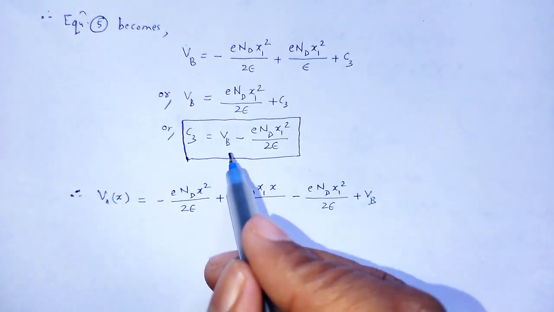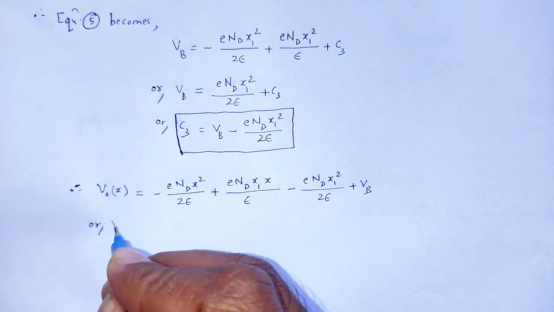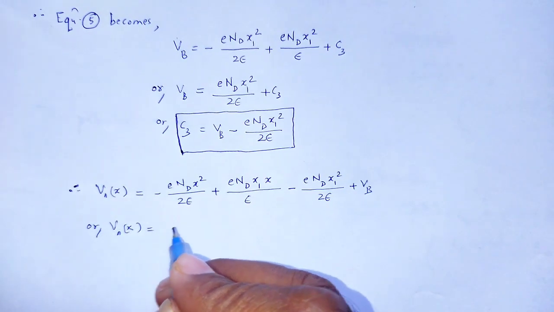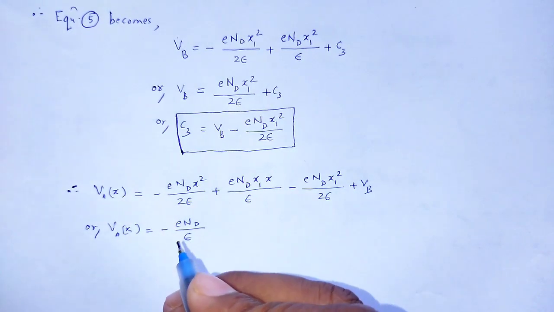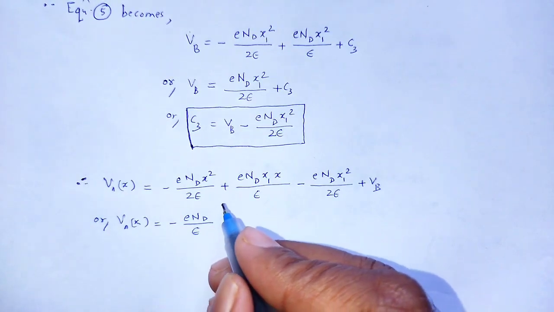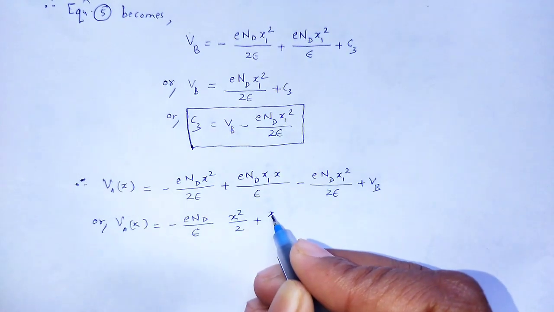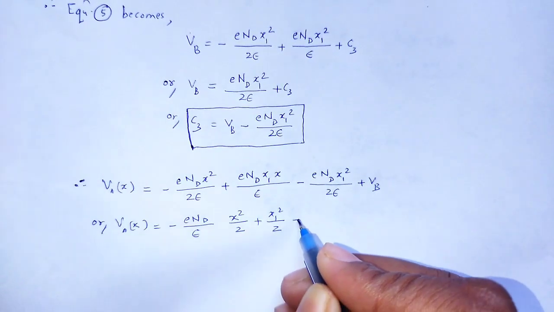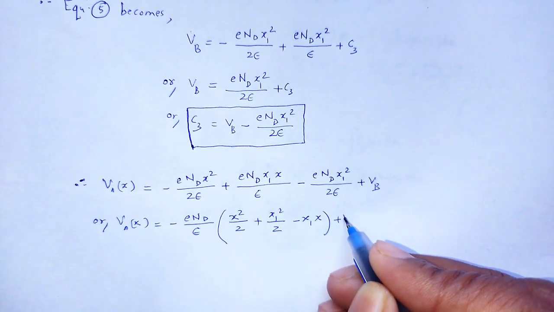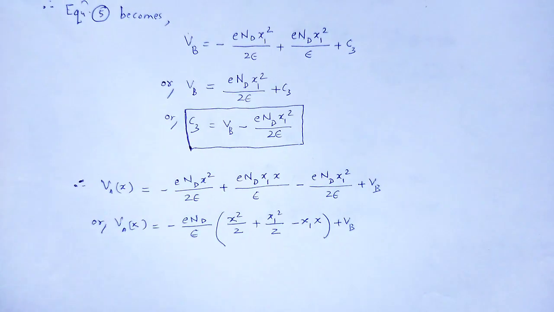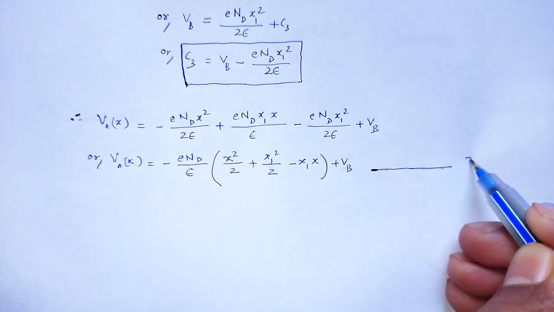The value of C3 is put here, or Vn of x is equal to minus E Nd divided by epsilon as common in the bracket term, that is x square divided by 2 plus x1 square divided by 2 minus x1 into x, plus Vb. Equation number 7.